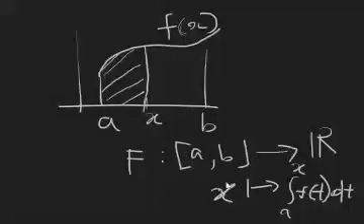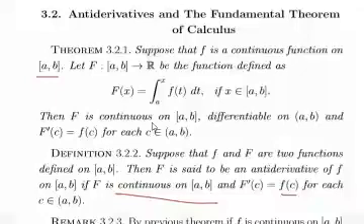Then we can show this function is continuous on this closed a, b interval, as well as differentiable on the open interval a, b, right? You look at this. So if we can show that F is continuous on closed a, b interval and differentiable on open a, b interval, right?